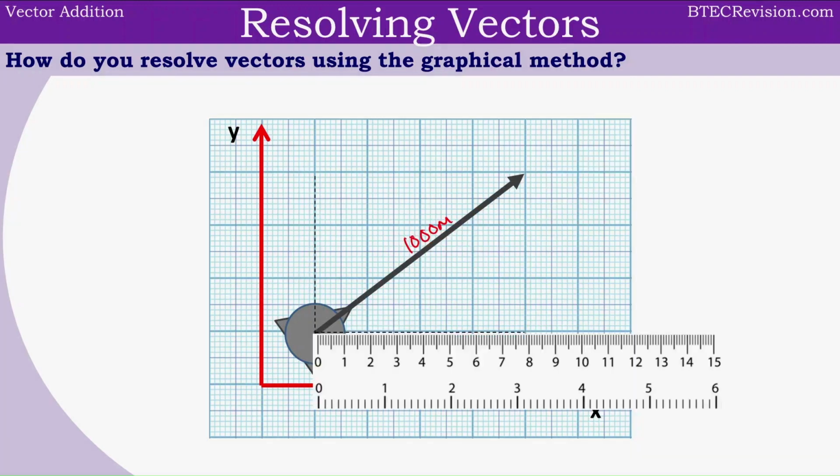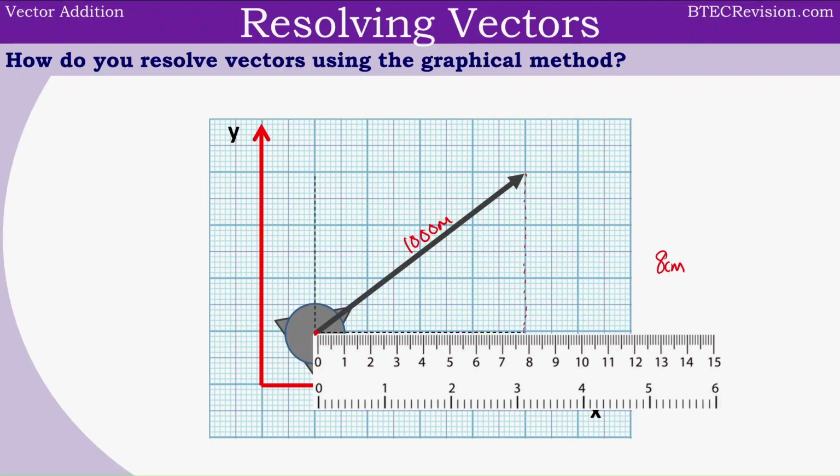Now we can measure the components. It's important to know that when measuring the component, the end of the arrow should be completely vertical or horizontal, like so, in this case vertical, and the ruler should start at the origin of the arrow. We can now take the ruler, and we have approximately 8 centimeters in length.